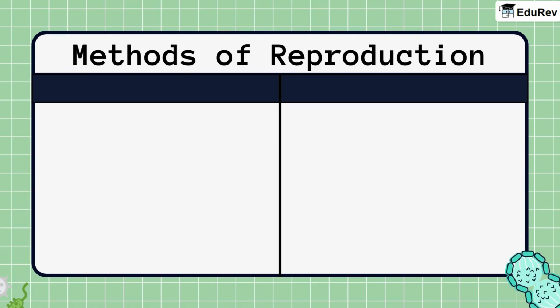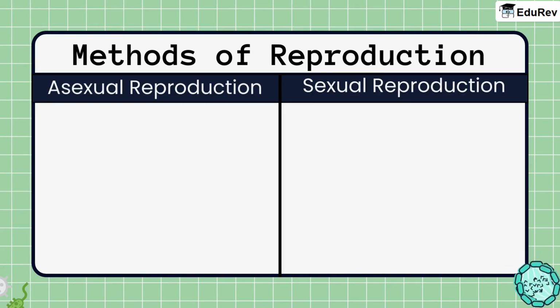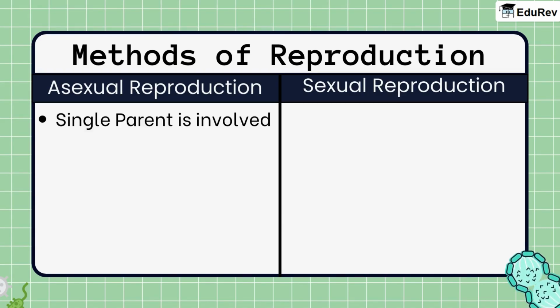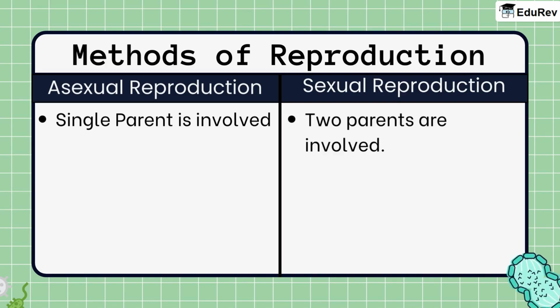Now, let's learn about some methods of reproduction in plants. We can broadly classify plant reproduction into two categories, that is, asexual and sexual. Asexual reproduction is when a single parent produces offspring, while in sexual reproduction, two parents are involved.